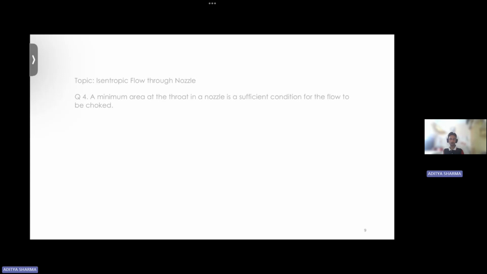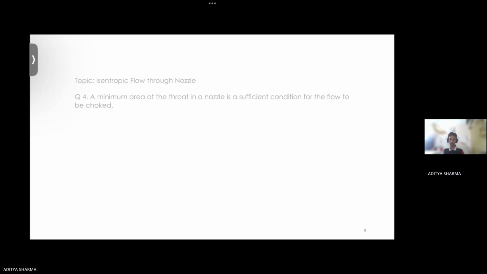So question number 4 is on isentropic conditions, right? The question says a minimum area at the throat in a nozzle is a sufficient condition for the flow to be choked.